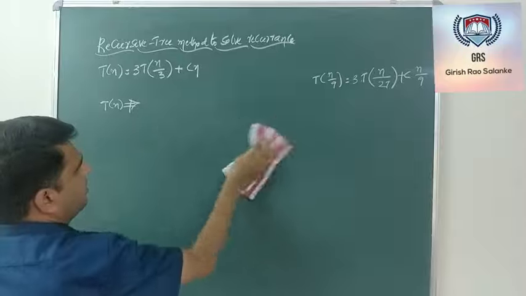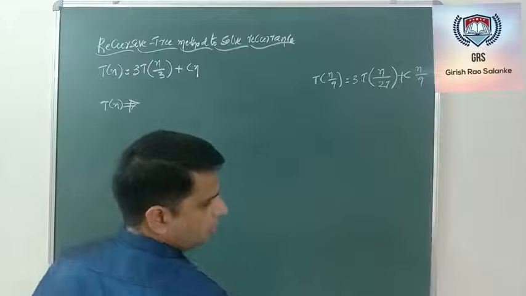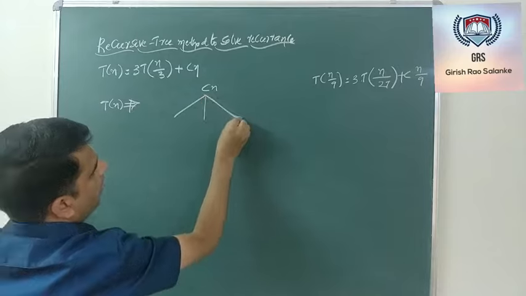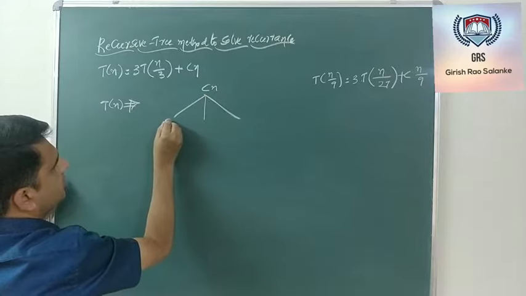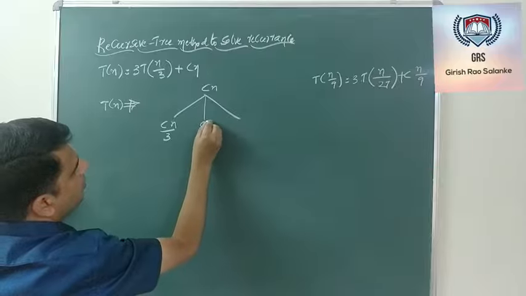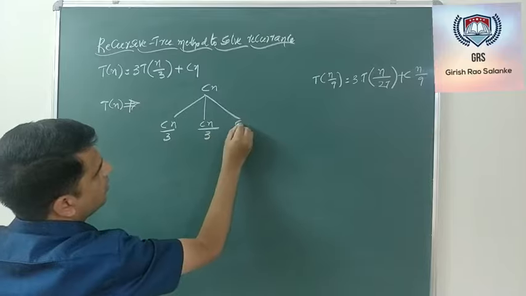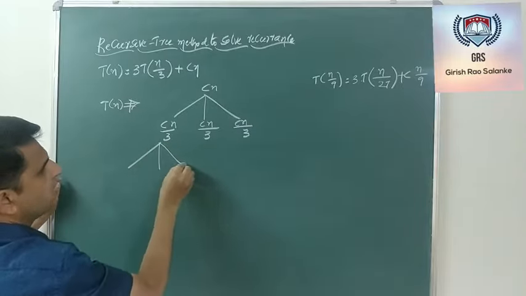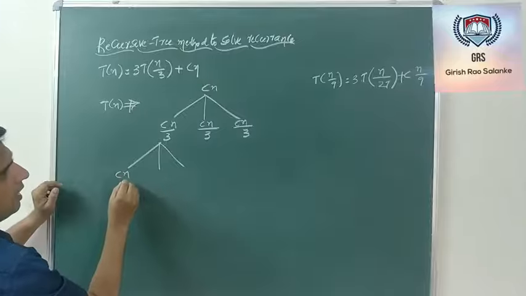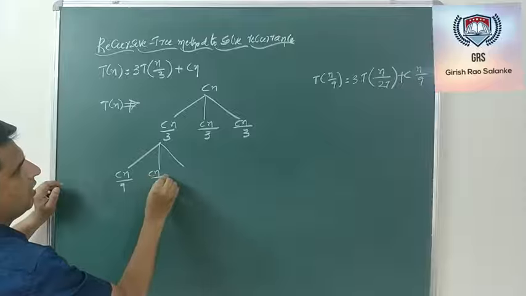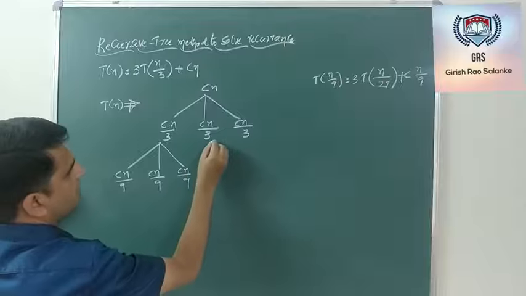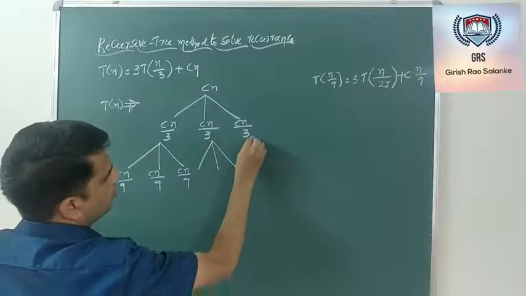I will write this in a clear way. So this was my cn. I had cn/3, cn/3, cn/3. Now under this I had T(n/9). Each T(n/9) is nothing but cn/9, cn/9, cn/9, and so on.